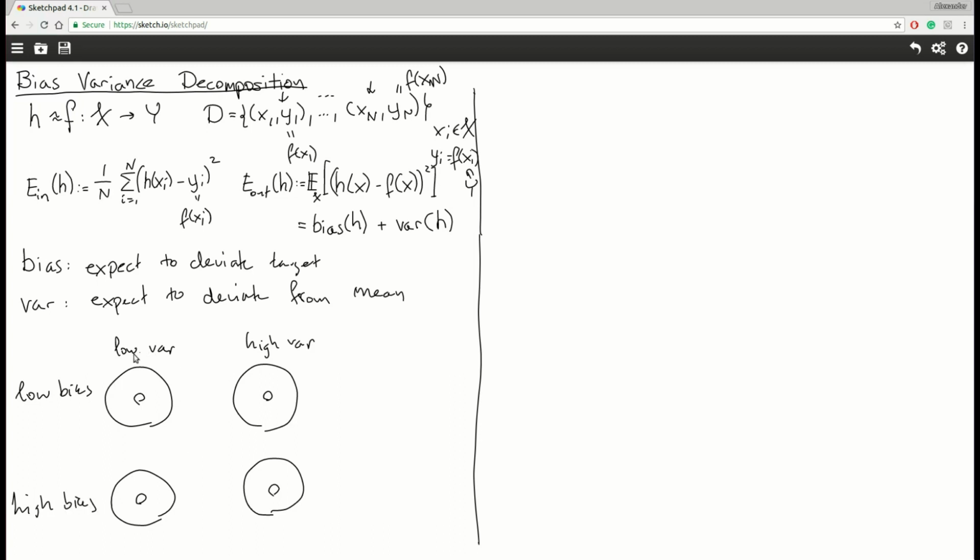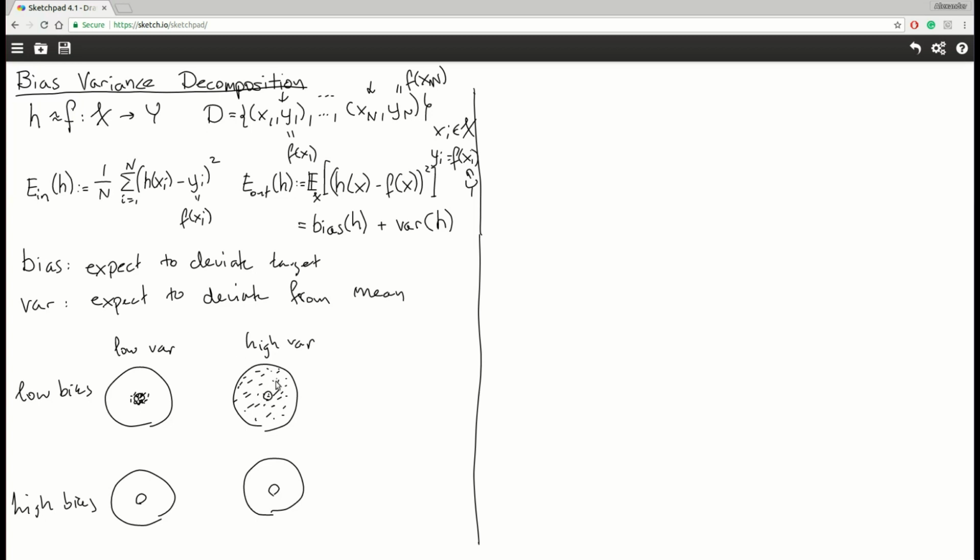If I have low variance, then I expect to deviate little from the mean, so the throws will be pretty close to each other. They won't vary a lot. And the bias will also be low, so I expect to deviate little from the target. So probably I'd expect the darts to land something like this. If I had high variance, this would change, because I would expect to deviate more from the mean.